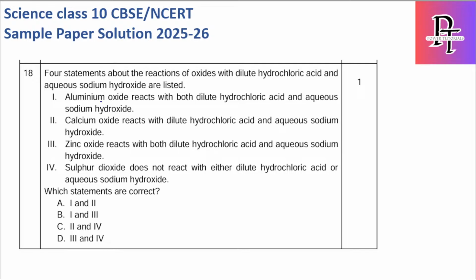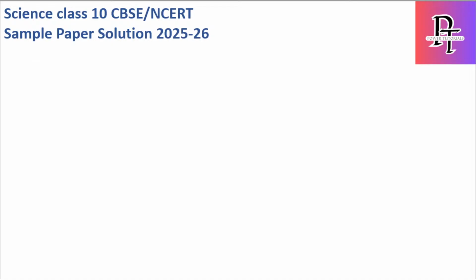So we need to understand, I'll prepare a new slide first and then I'll explain what metal oxides and non-metal oxides are, and how they react with acids and bases. So all the metal oxides are generally basic in nature.